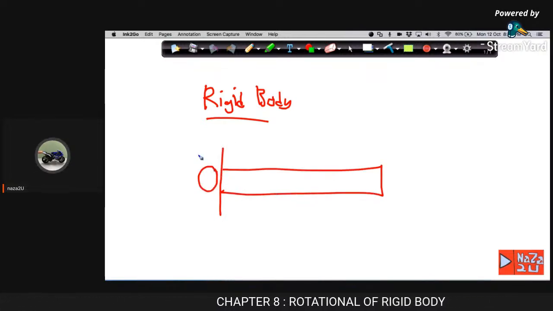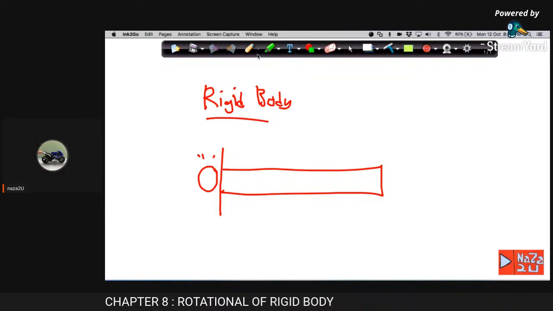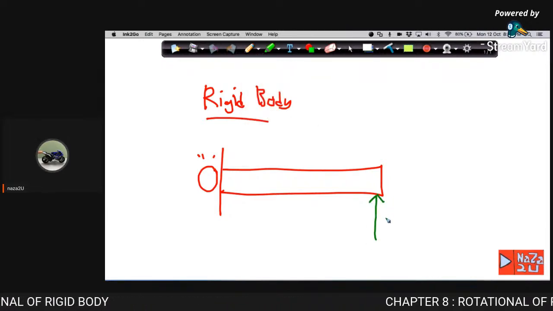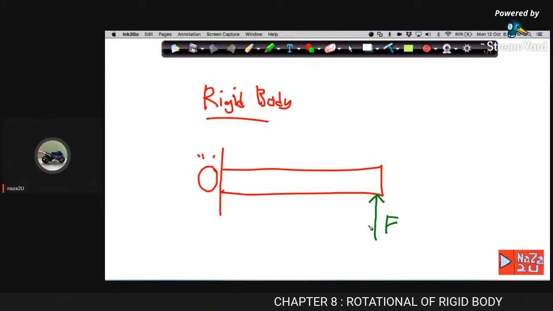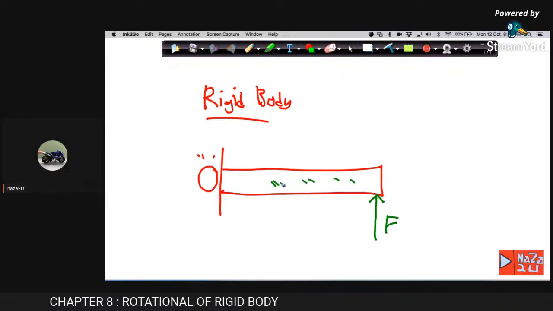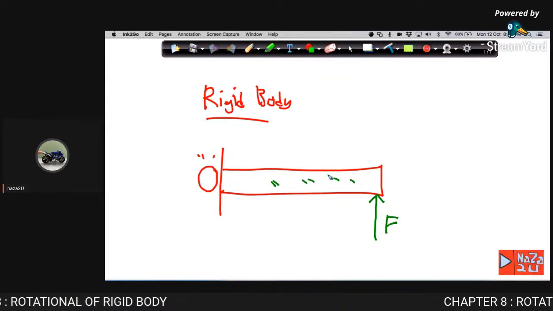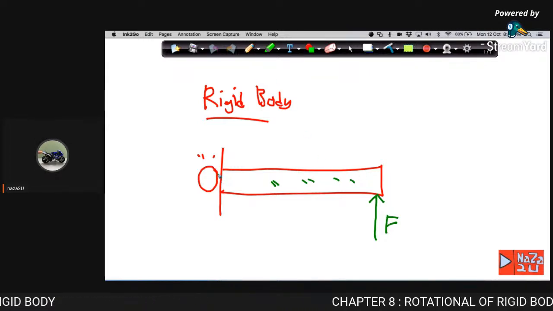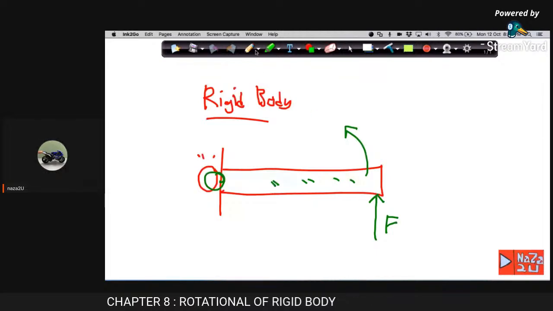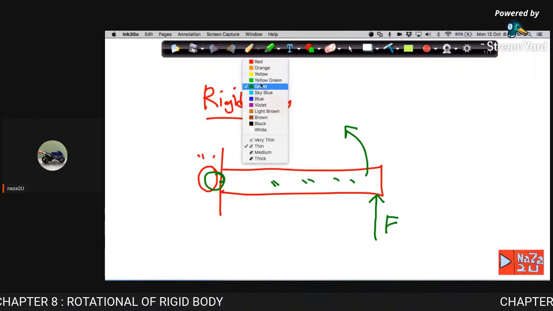So this is a pivot point. Now we have an external force X on the metal rule. When we apply this force to the metal rule, this object does not change shape. The ruler does not change shape. It only moves upward or anti-clockwise.